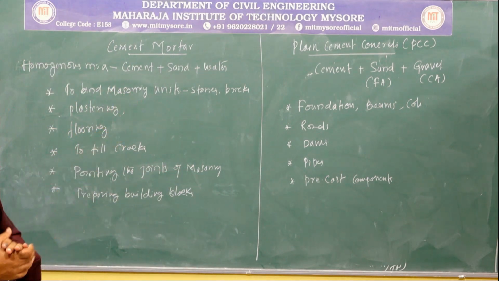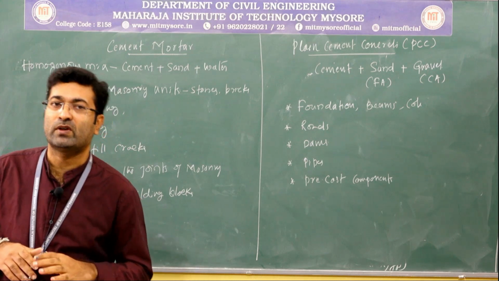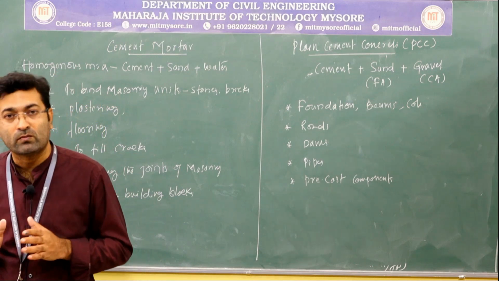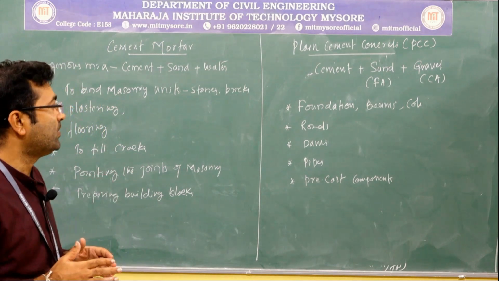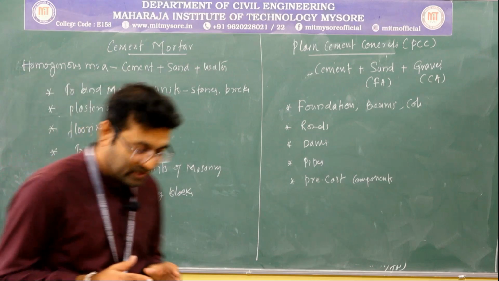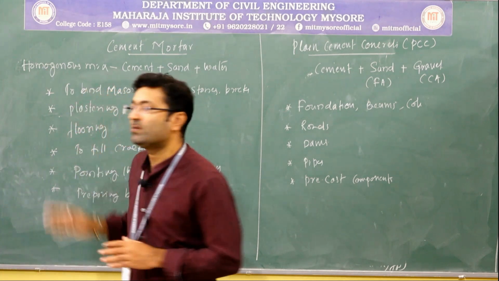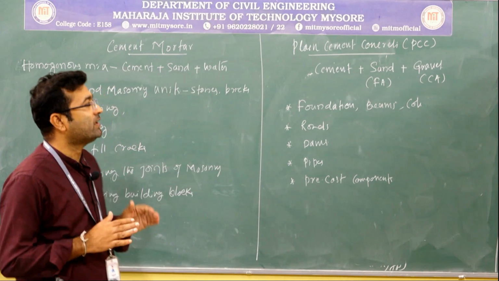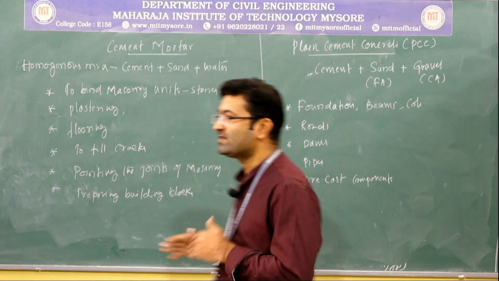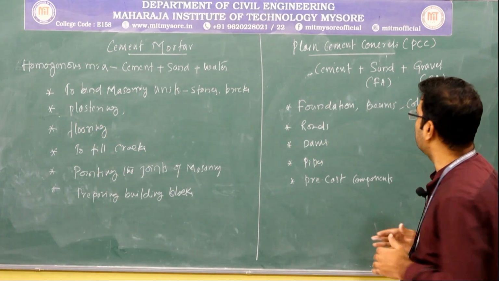Next, moving on to the next construction material, plain cement concrete, which is most commonly called PCC. PCC, like the mortar mix, is also prepared whenever there is a necessity at the site. It is not a readily available material.